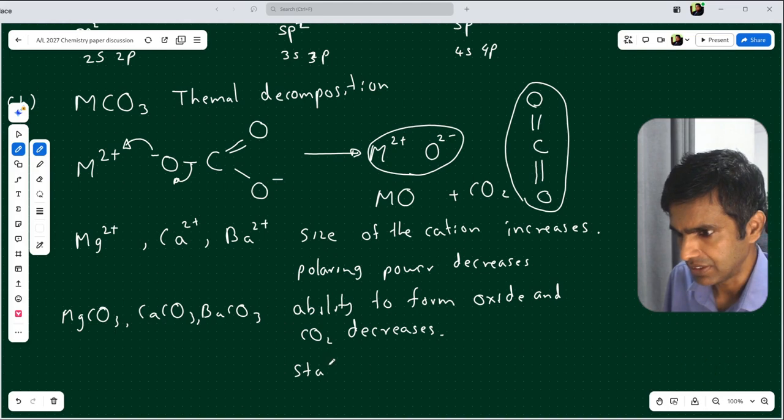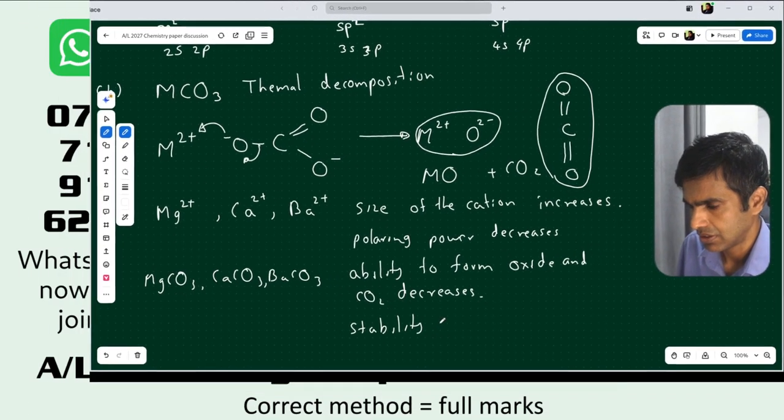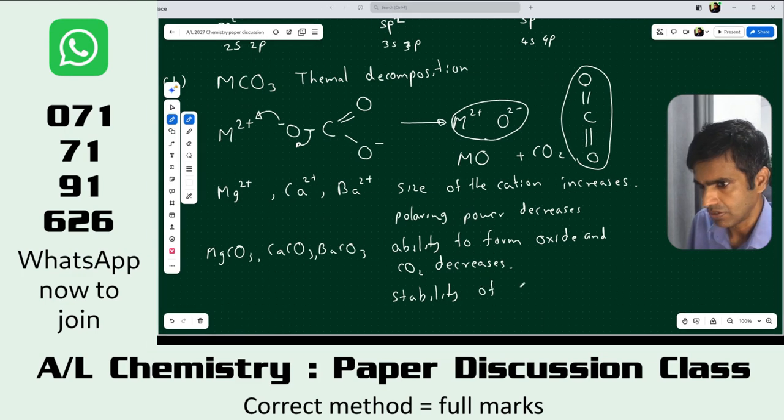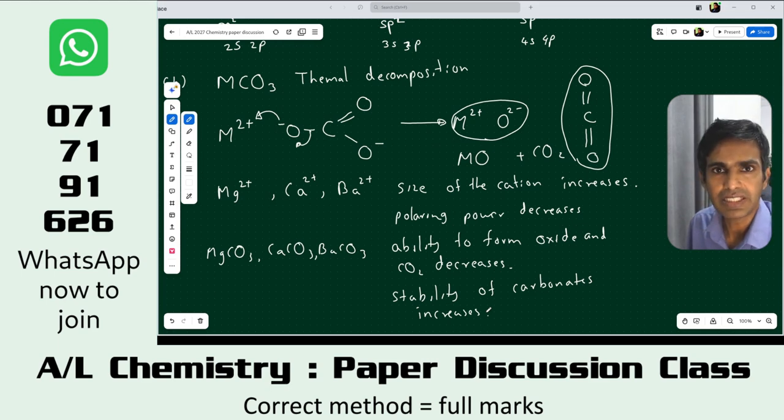thermal stability of carbonates increases. As the stability has increased, we need to supply more energy to decompose carbonates in the order of magnesium carbonate, calcium carbonate and barium carbonate.